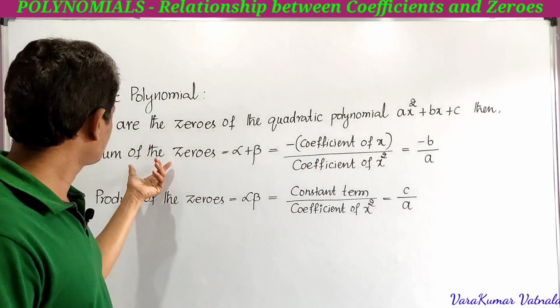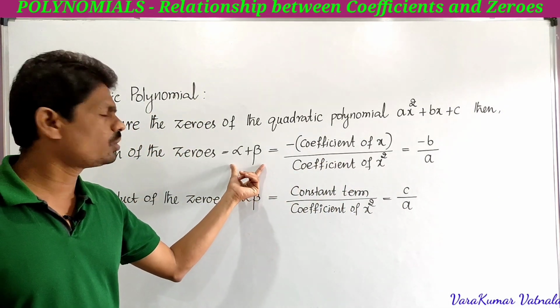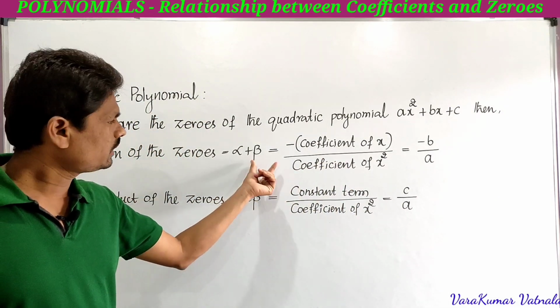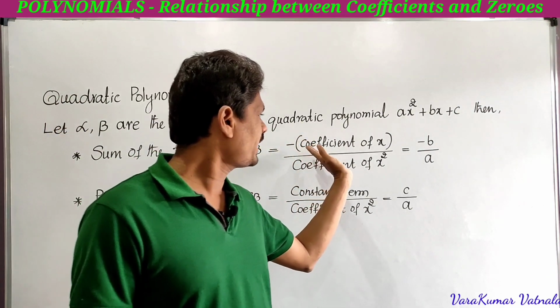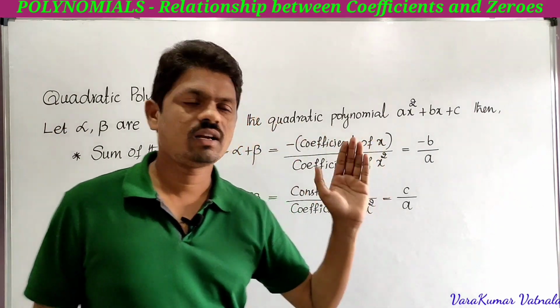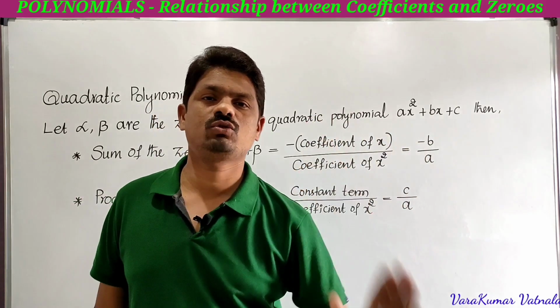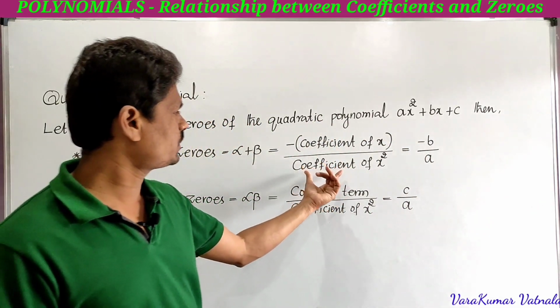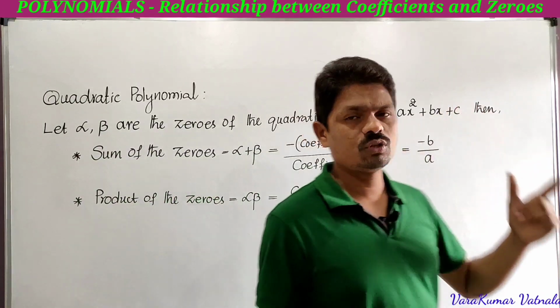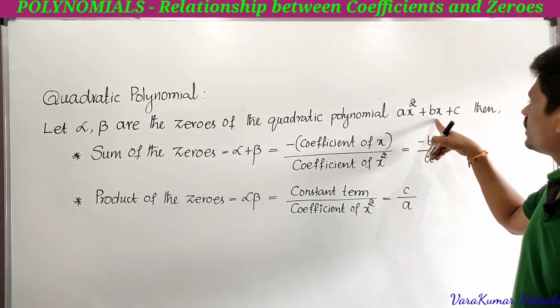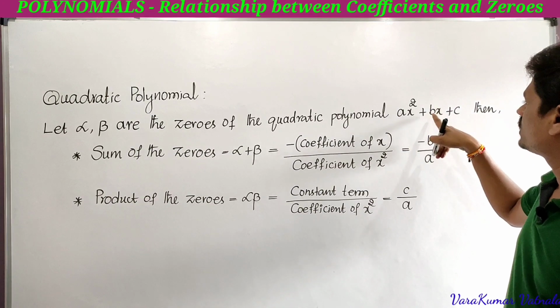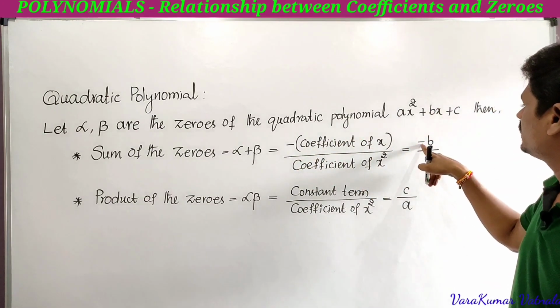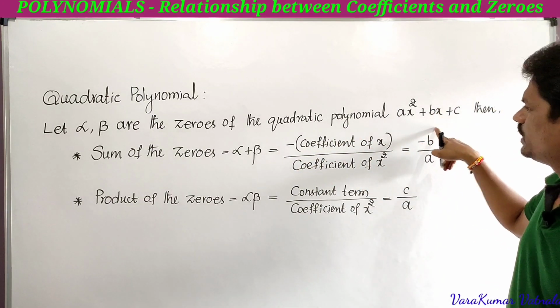Now the sum of the zeros, alpha plus beta, is equal to minus of the coefficient of x divided by the coefficient of x square. So observe, what is the coefficient of x? b is the coefficient of x, but with the minus sign it is minus b.